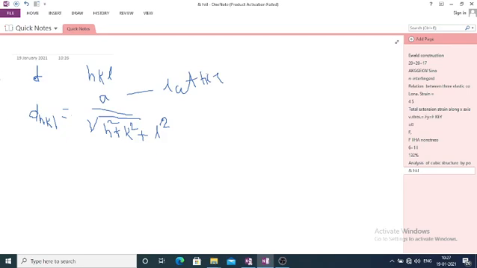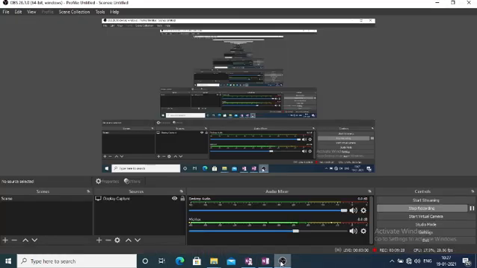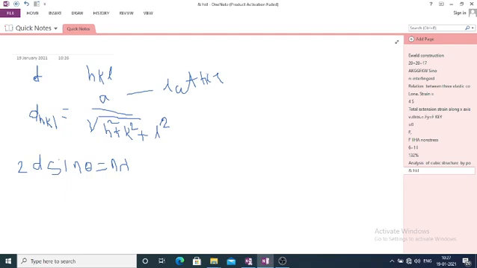Now we consider the Bragg diffraction condition: twice d sine theta is equal to n lambda. Here n is the order of diffraction, lambda is the wavelength of the X-ray, theta is the diffraction angle, and d is the interplanar distance.